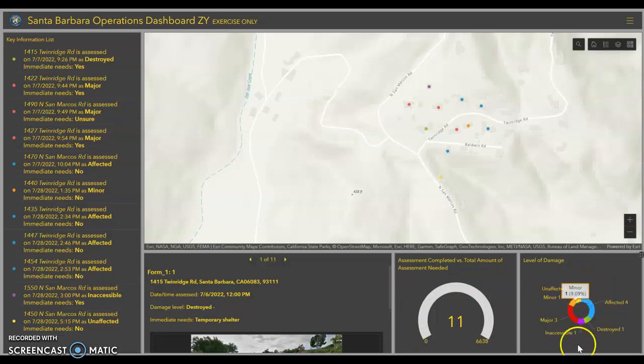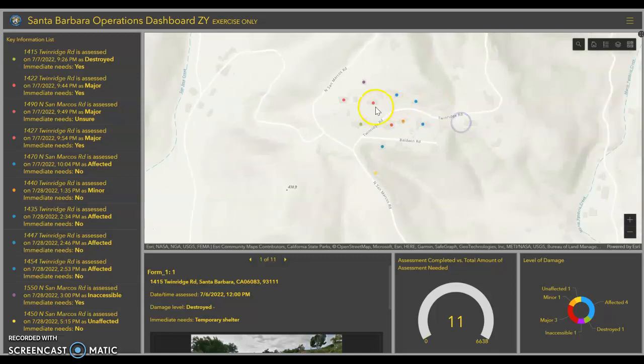There is also a chart that shows the level of damage, so the management team get an idea of what kind of equipment and facilities they need for this emergency. This map shows the location of the assessments done, colored using different colors to show different levels of damage.